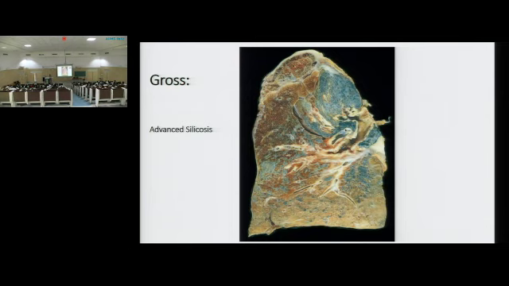Here you can also see the pleura is thickened. Here is the thickened pleura, and here some part is normal. Compare this pleural thickening with this one. So this is thickened pleura along with advanced fibrosis of the lung.